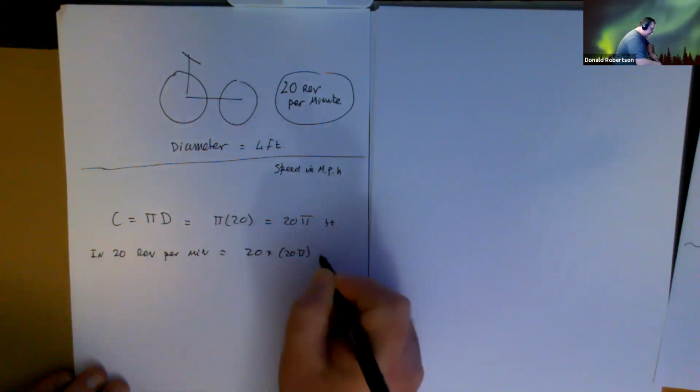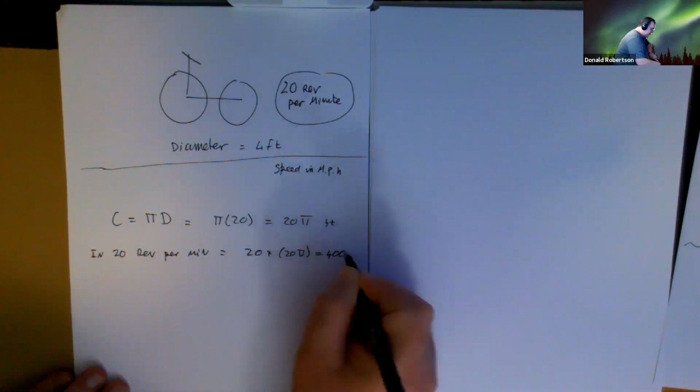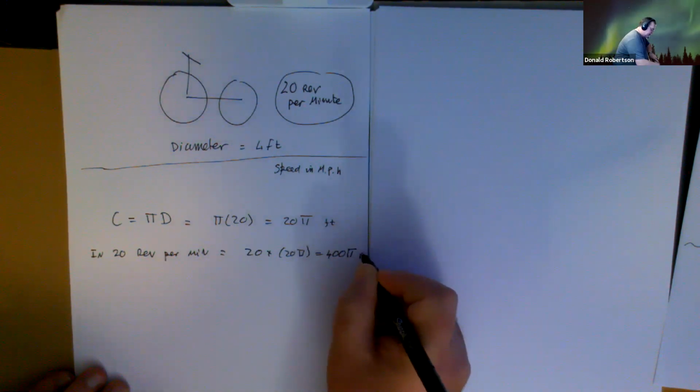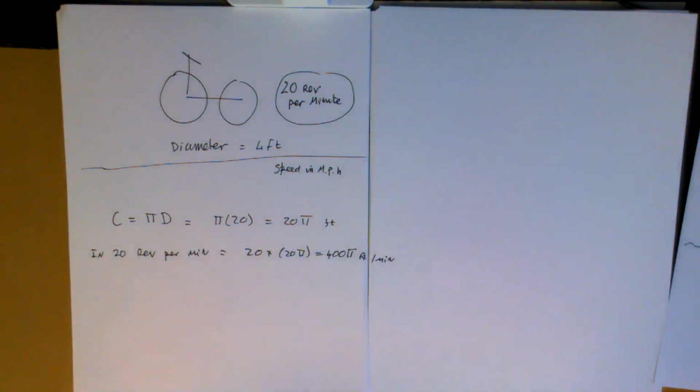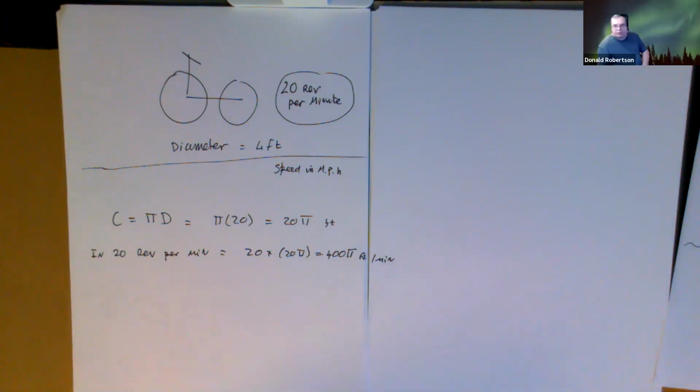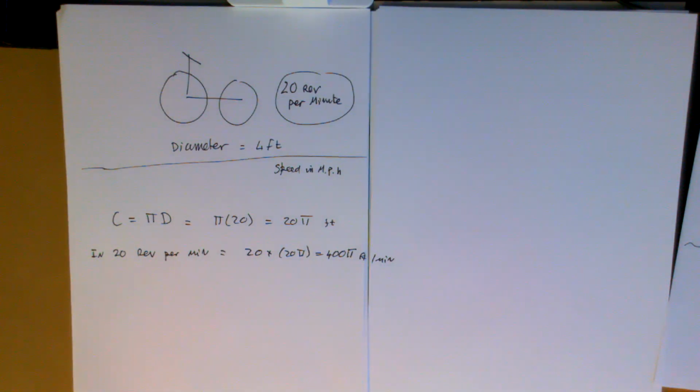So that's 400 pi feet per minute. Did the circumference be pi times 4, or why is it pi times 20? The circumference is pi times diameter. It's always been that. Diameter is 4 feet.